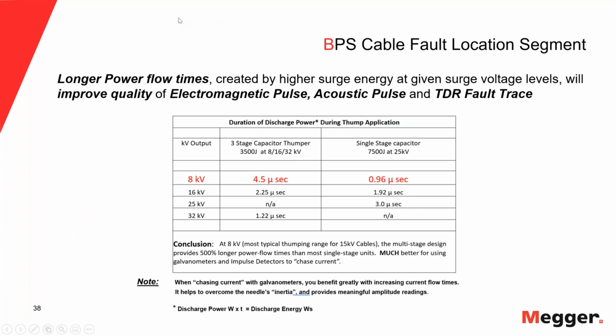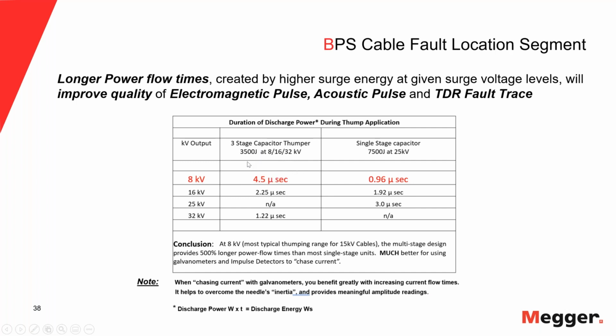The energy is the same, but if the voltage changes, something else has to change. Energy is watt-seconds, which means volts times amps times seconds. It's like the kilowatt-hours you buy from the utility. So it's electric power times time. Even though the energy is the same, the time that the power flows is longer at the lower voltage. You can see here, if I go to 8 kV at 3,500 joules, I have 4.5 microseconds.